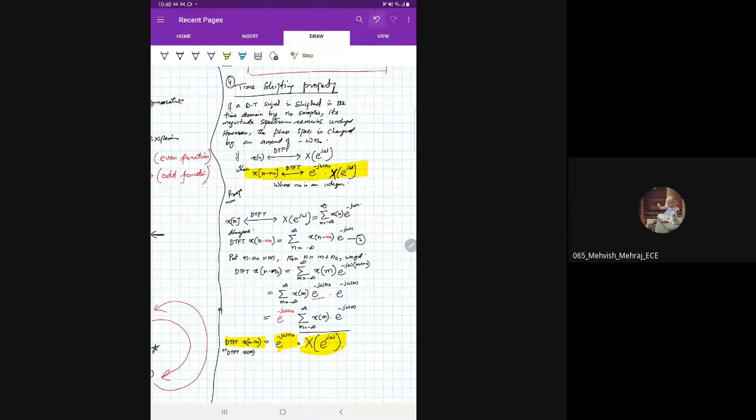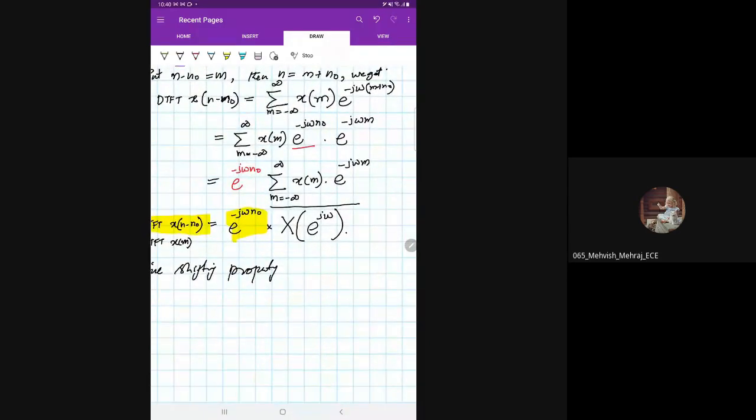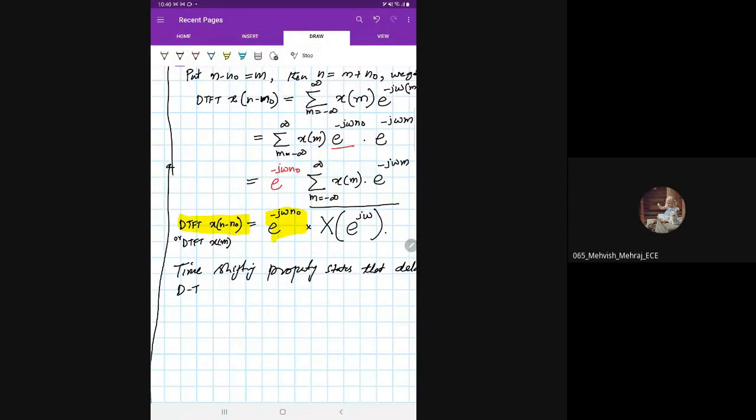So we can now conclude that, according to the above equation, the time shifting property states that delaying a discrete time signal by n naught samples or n naught units does not change its amplitude spectrum.